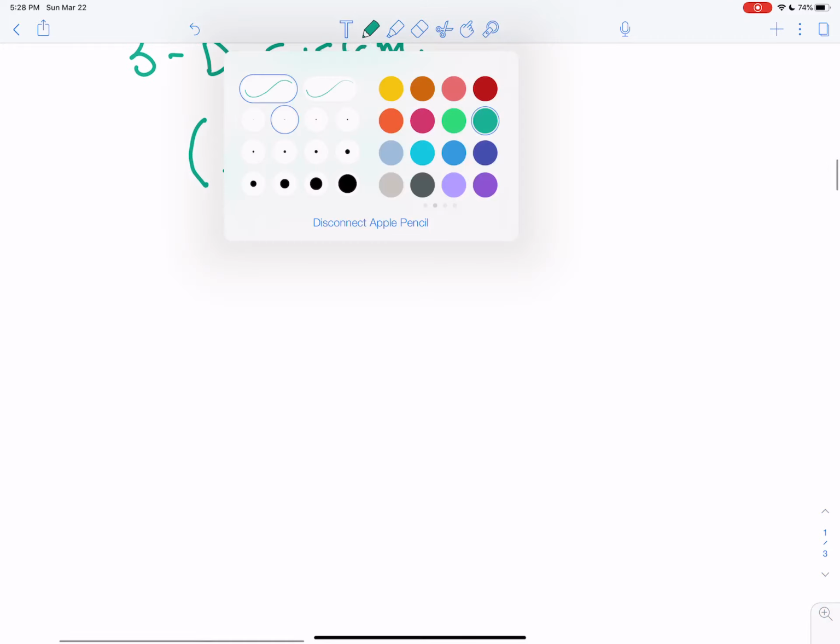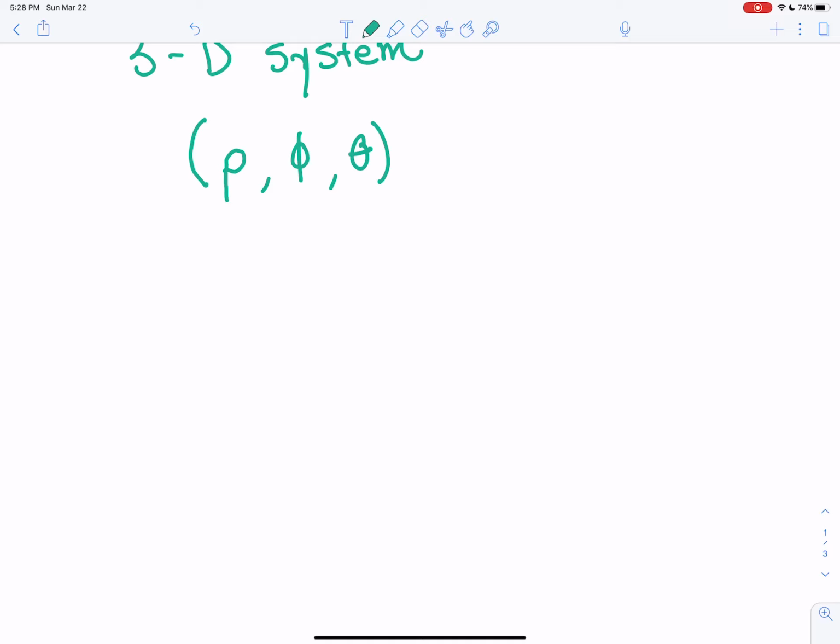So first we have rho. And this is the Greek letter R, right? So this is rho, which is Greek R, and we use that because it is a radius. So it's a radius from the origin in 3D.